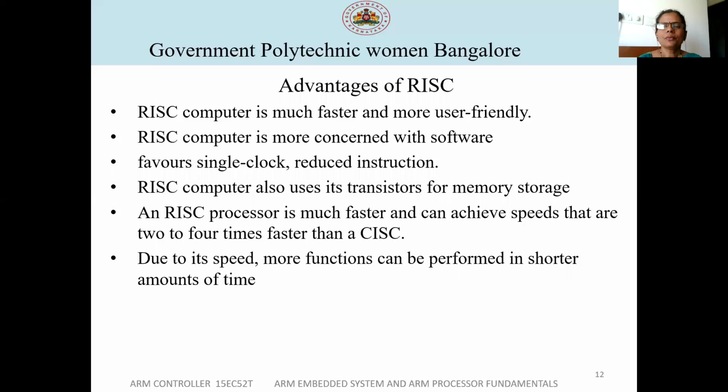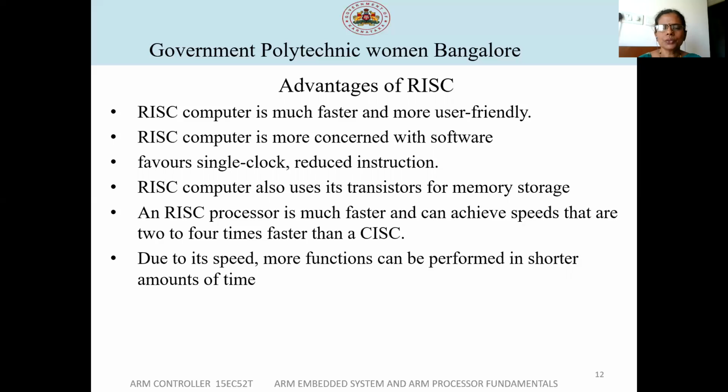Now we will study the advantages of RISC. Why should RISC be used in ARM? What are the advantages? A RISC computer is much faster and more user friendly. It is more concerned with the software, uses a single clock cycle for execution, and has a reduced instruction set.